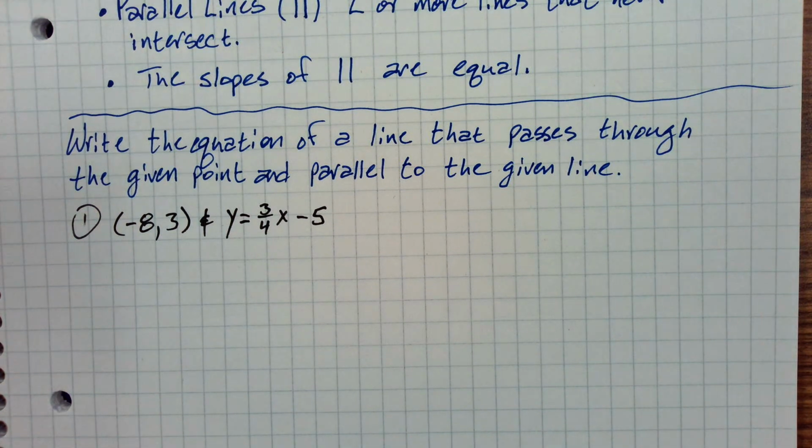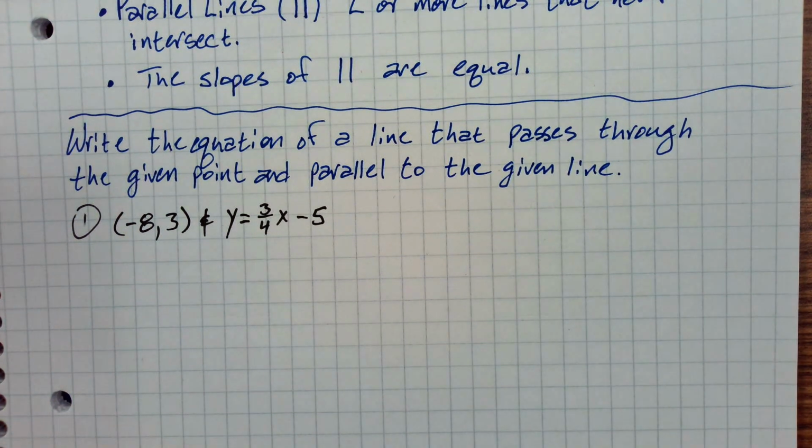It has to have a slope of 3 over 4. So it's going to be y equals 3/4 x plus or minus something, right? We know it shouldn't be 5. So let's start with that fact. The slope for our new line has to be 3 over 4. So we have a slope, we have a point. Is that enough information to write the equation of a line? Yeah, it is. Let's do it.